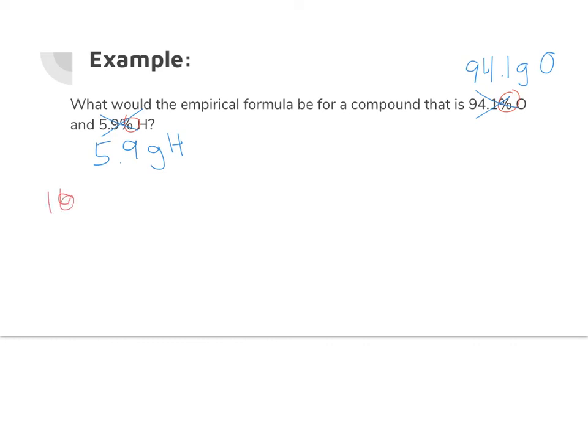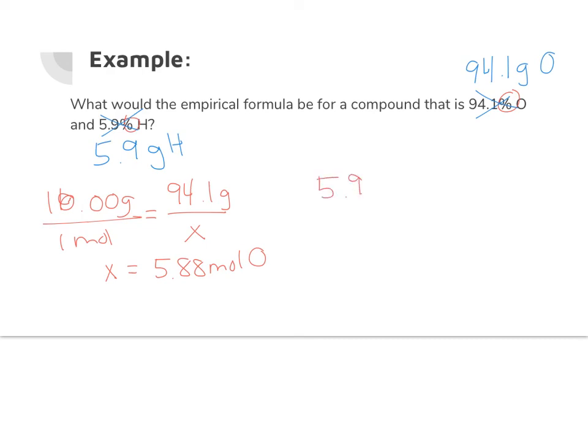We know that oxygen has a molar mass of 16 grams for 1 mole. Based on our problem, we have 94.1 grams of oxygen, and we want to figure out how many moles that is. If we solve for x, we get about 5.88 moles of oxygen. We're going to do the same thing for our hydrogen, 5.9 grams.